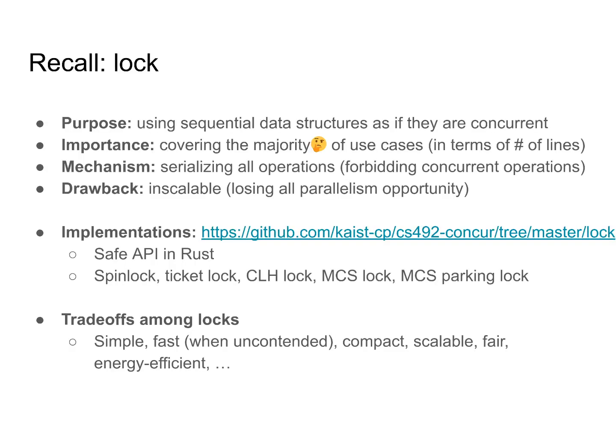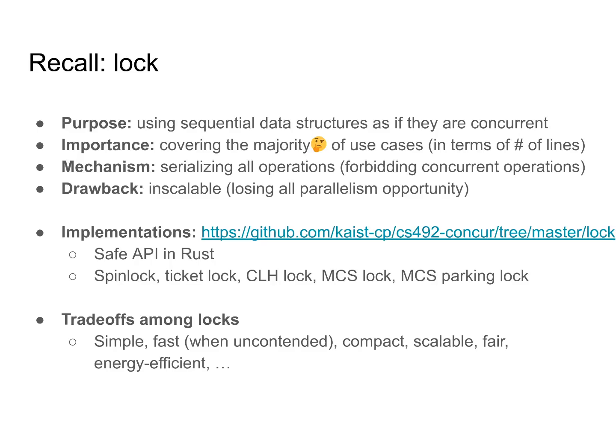Recall that a lock is used in order to use sequential data structures as if they are concurrent. Suppose that there is a vector, for example. A vector is one of the most representative sequential data structures. It is just an array of elements, and you can push an element to the end of the vector, etc. And the easiest way to make it concurrent is protecting this vector using a lock.